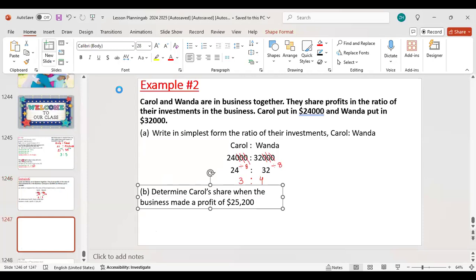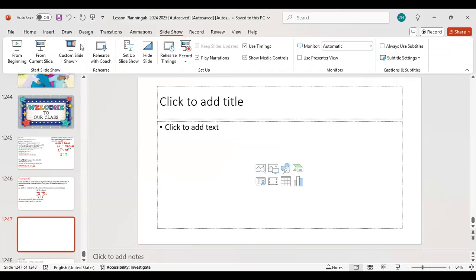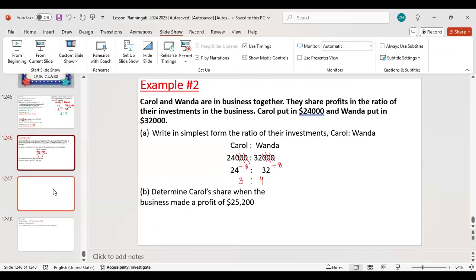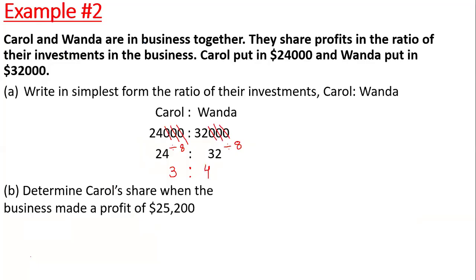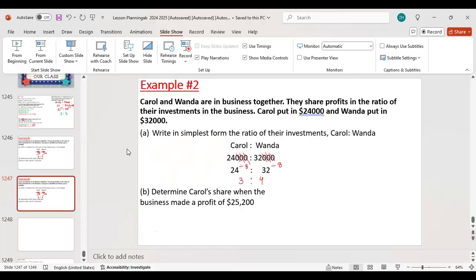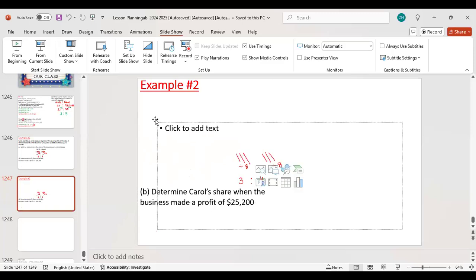Any ideas on how we're gonna do that? If the business made 25,200, what would be Carol's share? We're going to find a new equal part using the 25,200, bearing in mind that Carol's share is 3.